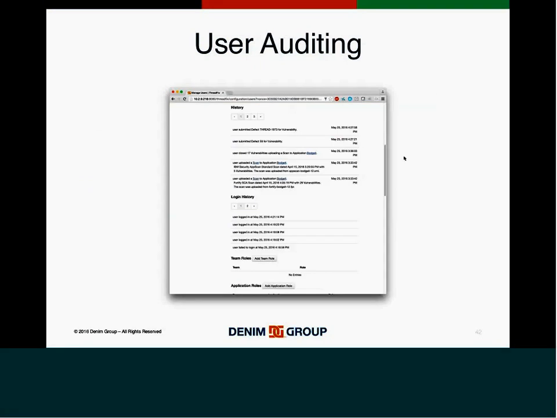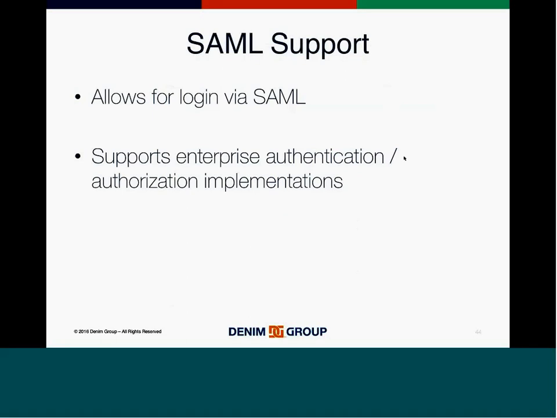We also now have support for SAML. So ThreadFix can now be used in more enterprise situations where you have those enterprise-wide authentication and authorization implementations. So again, this just allows you to take better advantage of the existing authentication and authorization infrastructure you have in your organization and to have that translate to ThreadFix.